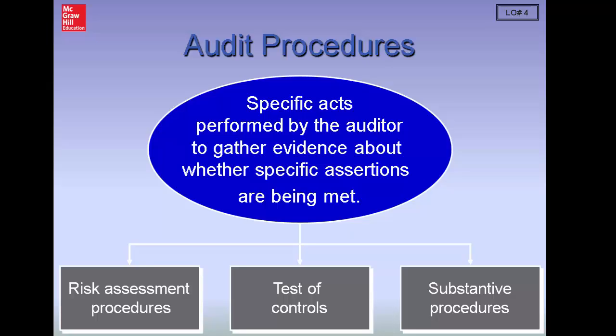In our substantive procedures, we are measuring monetary misstatement as opposed to measuring the risk of material misstatement. In our substantive procedures, where we are measuring monetary misstatement, we're primarily focusing on account balances.